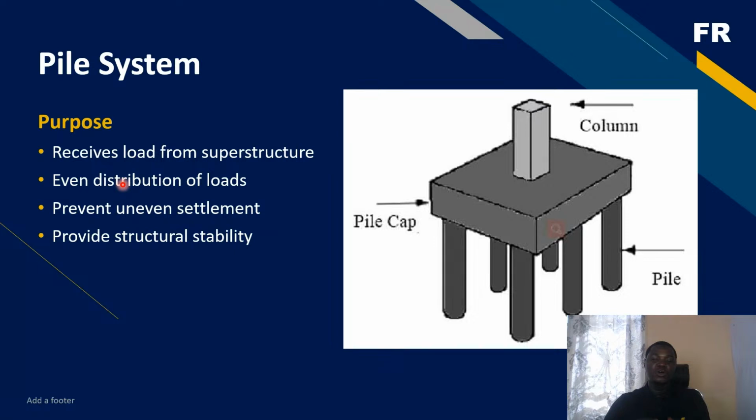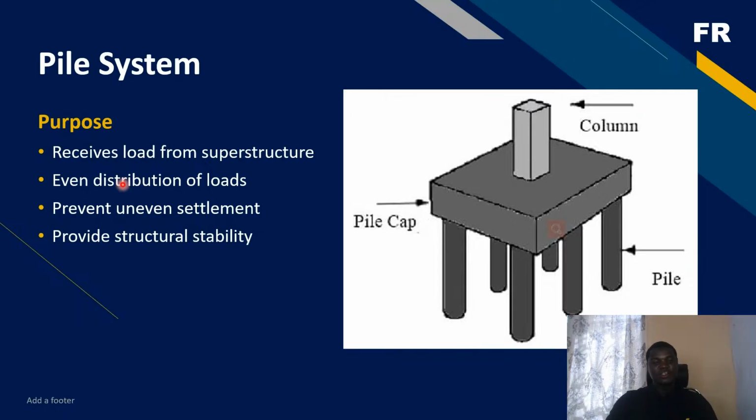So you must have a pile cap so that you can receive the load, then distribute the load as evenly as possible, and also prevent settlements and provide structural stability. So these are the main purposes of the pile cap in a pile system. I hope this is understood.